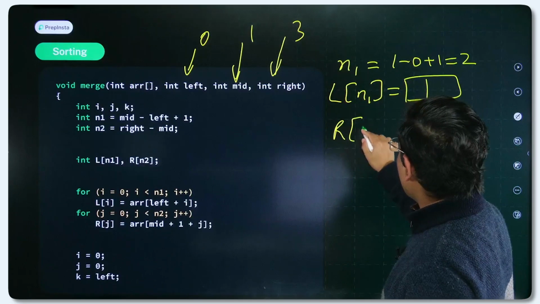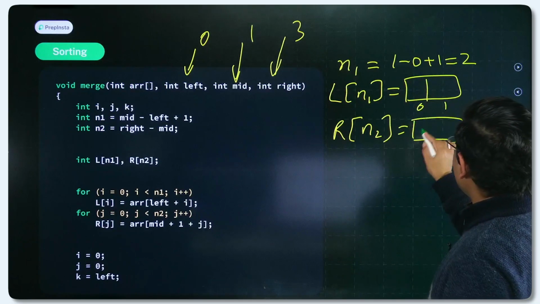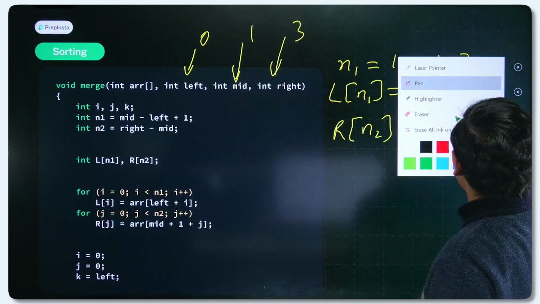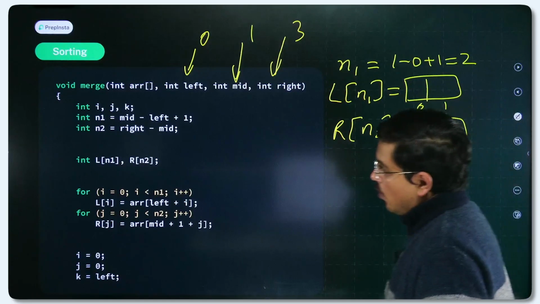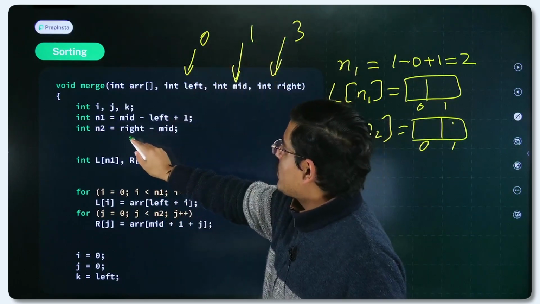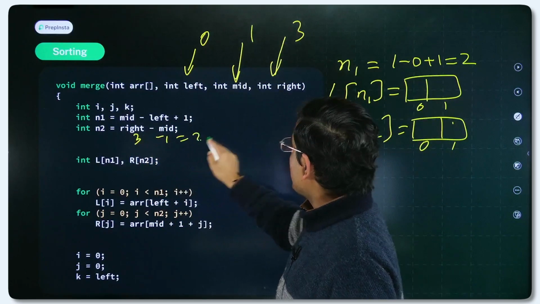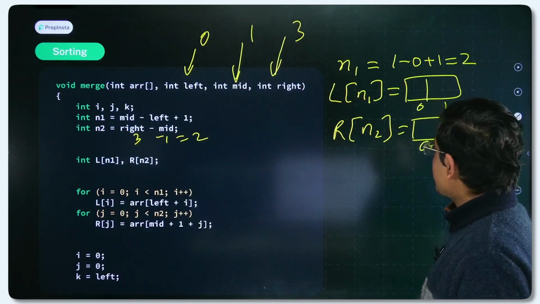R of N2 will again have 2 elements with index 0 and 1. Fine. Now when I try and populate them, because N2 is nothing but 3 minus 1, na? This is 3 minus 1. So that's why R of N2 is of 2 elements.